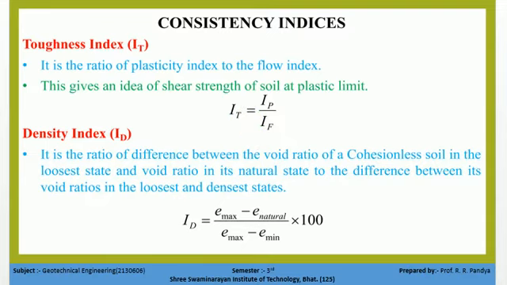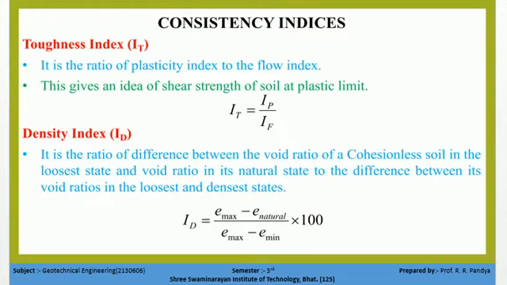Density index. Density index is denoted by ID. A density index is the ratio of the difference between the void ratio of a cohesionless soil in its loosest state and its void ratio in its natural state to the difference between its void ratio in the loosest and densest state.